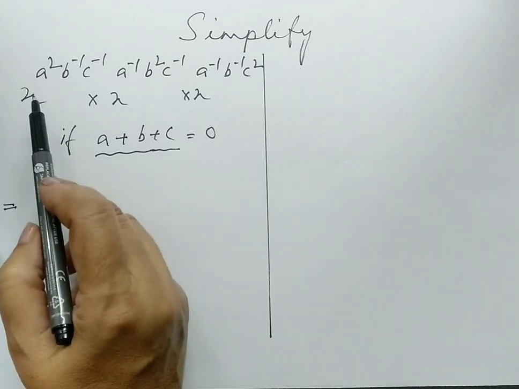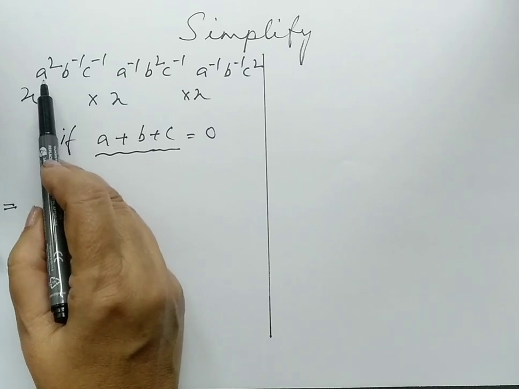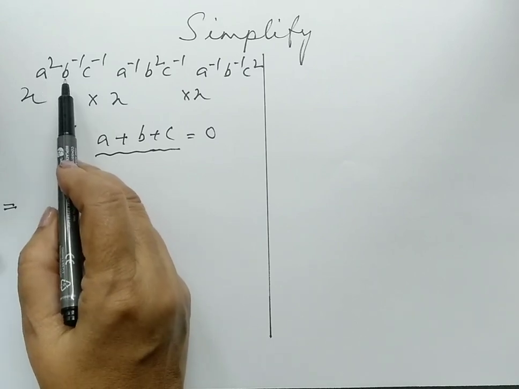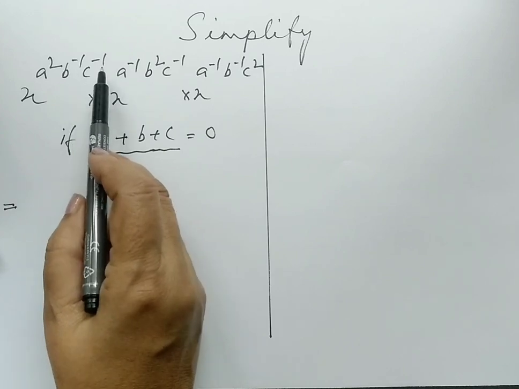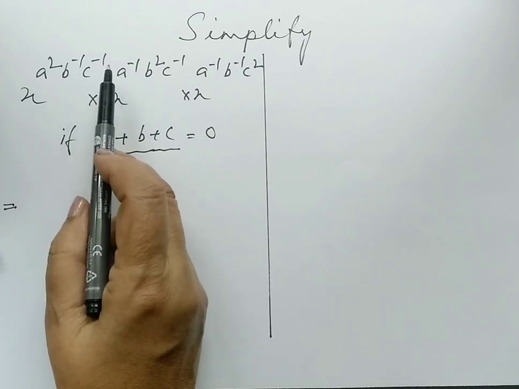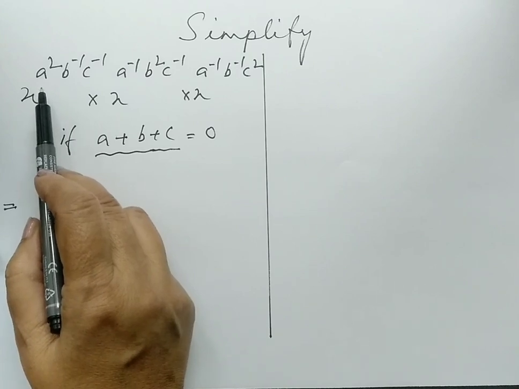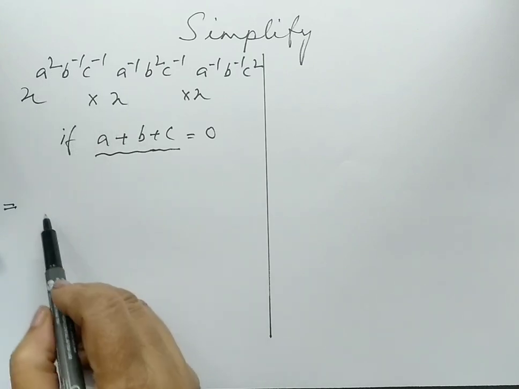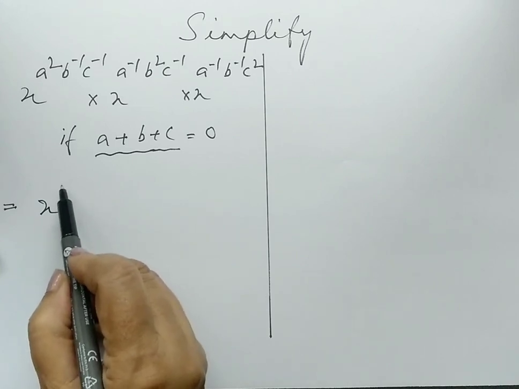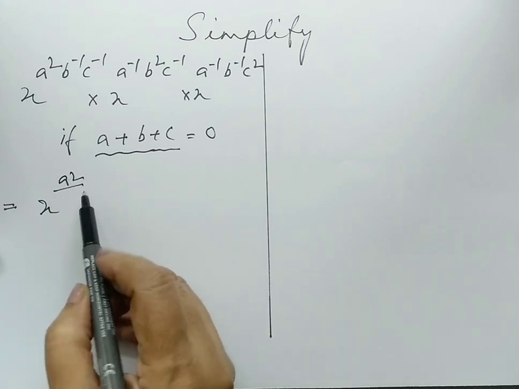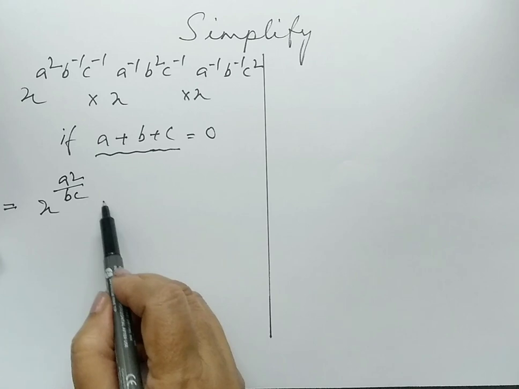So x to the power a square, but b and c have -1, which means they will go and sit as a reciprocal below a square. So x to the power a square upon bc.